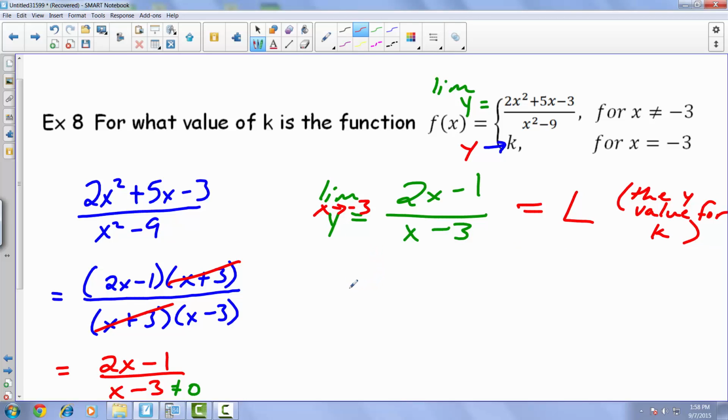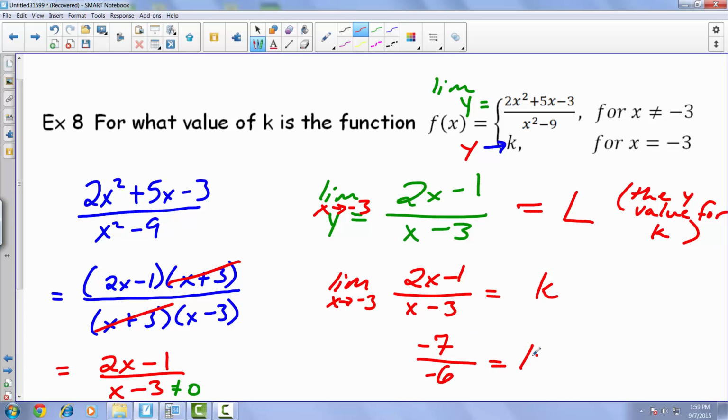The limit as x approaches -3 of 2x minus 1 over x minus 3 is equal to k. Since y is just equal to k, we can bypass the y. When you plug -3 into the function, you end up with -6 minus 1 is -7, over -3 minus 3 is -6. So our k value simply comes out to be 7/6. In order for this to be continuous specifically at -3, k would have to be equal to 7/6.